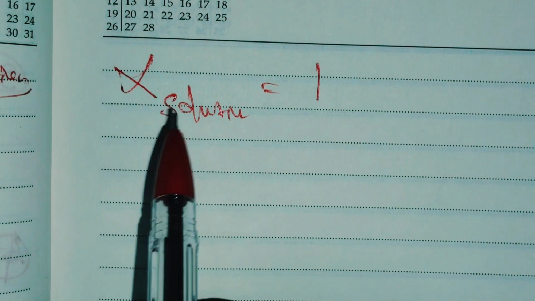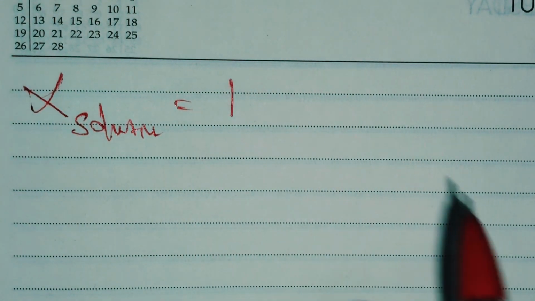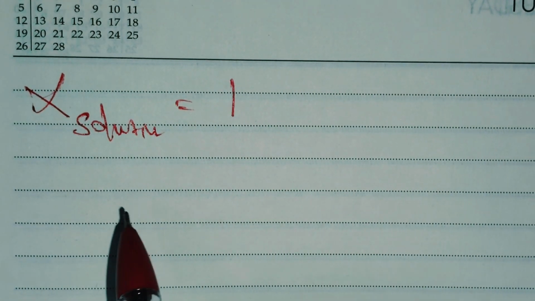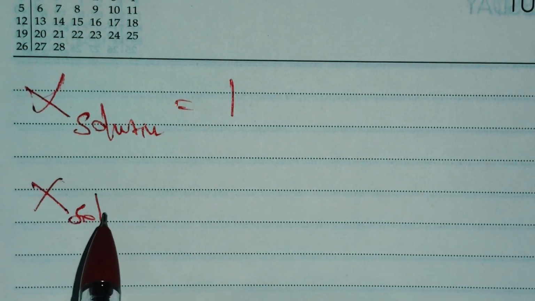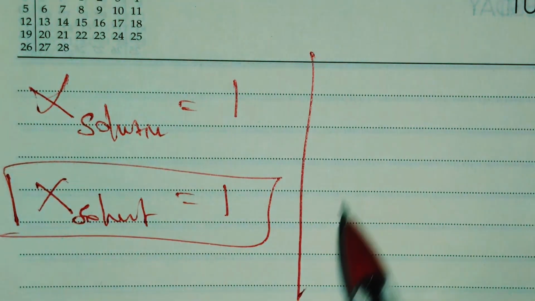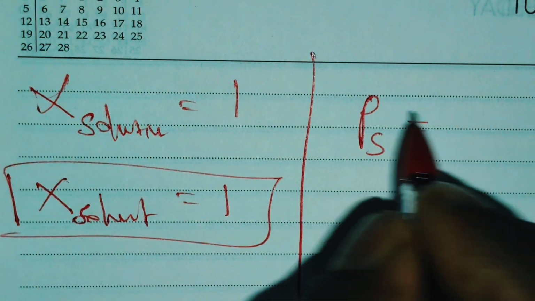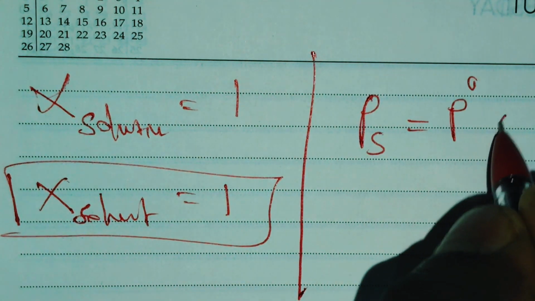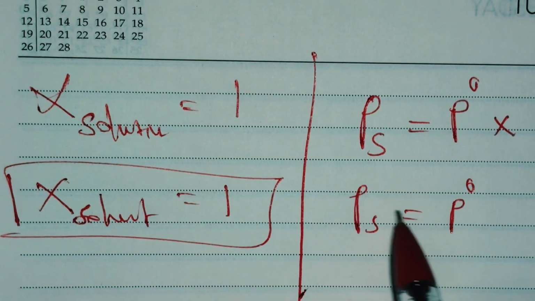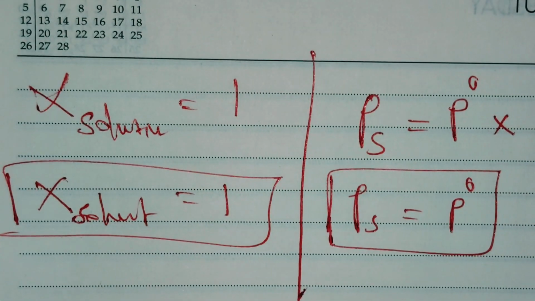In the case of vapor pressure with a non-volatile solute, it depends only on the solvent, so the mole fraction of the solvent is also equal to 1. So P of S is equal to P naught times 1, that is, P of S equals P naught. This relation is very important.